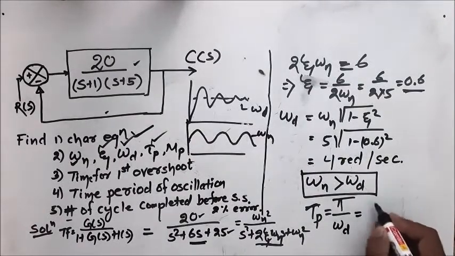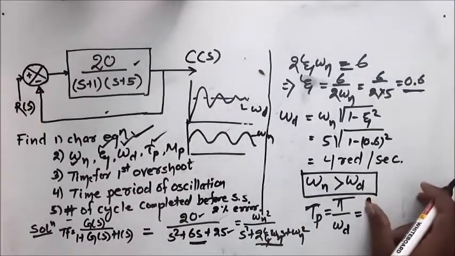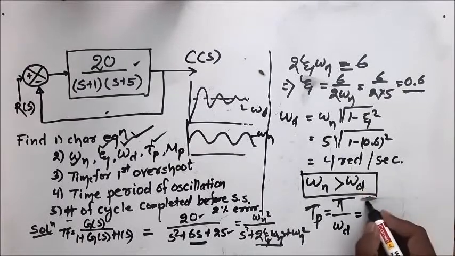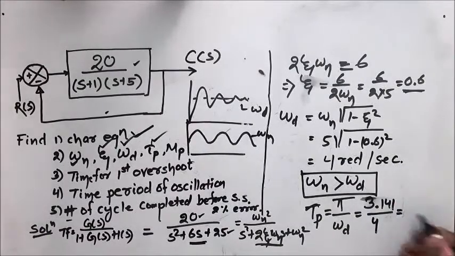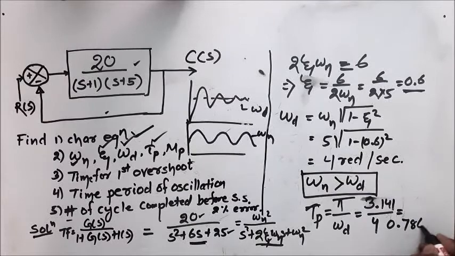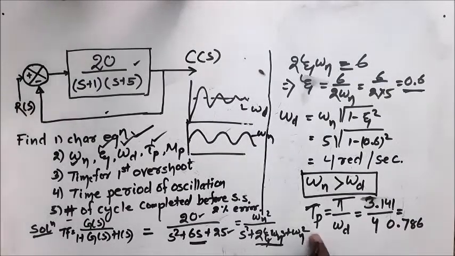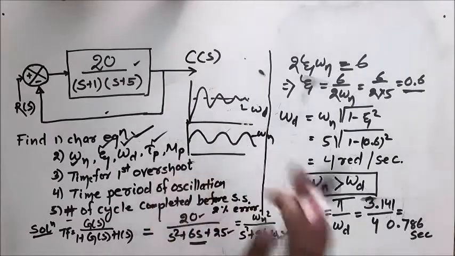So simply I can write 3.141 divided by the omega d value, which is 4. This will come around 0.786. This is time, so the unit will be second. Clear? So I have completed the Tp.